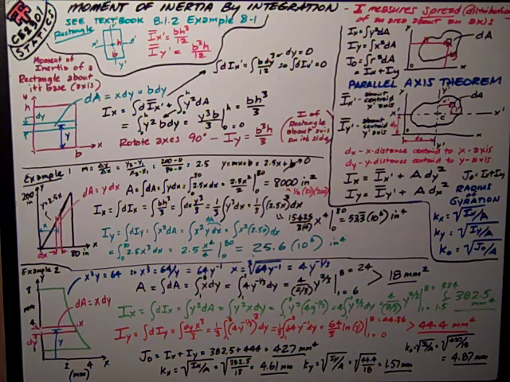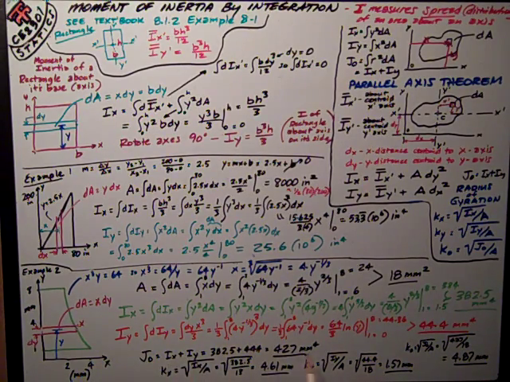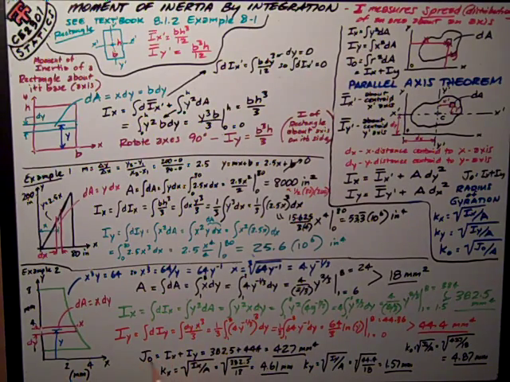Okay, continuing on, just to show this part's easy, slam dunk. Polar moment of inertia is just Ix plus Iy. 382.5 plus 44.4 is 427 millimeters to the fourth. Just adding those two numbers up.